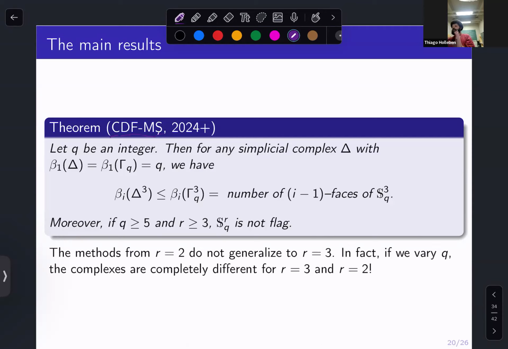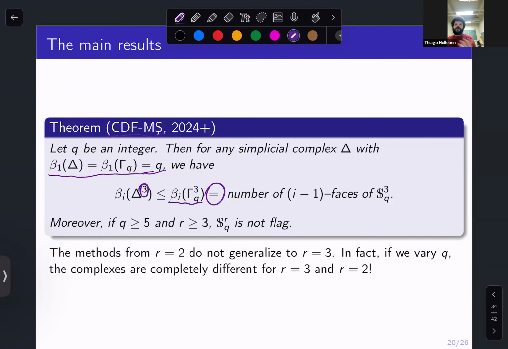If you let Q be an integer, then for any simplicial complex with the same assumption that we have all the time, the third power of this complex is going to be bounded above by this. This was known. But then we proved this equality here. So we proved that the betti sequence of gamma 3q is equal to the number of i-1 faces of S3q.